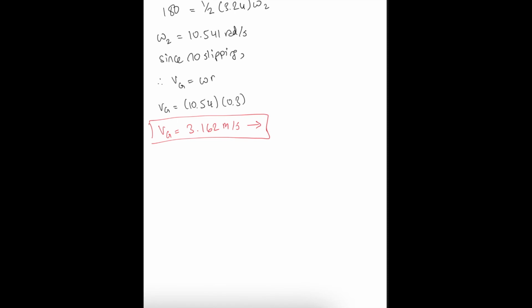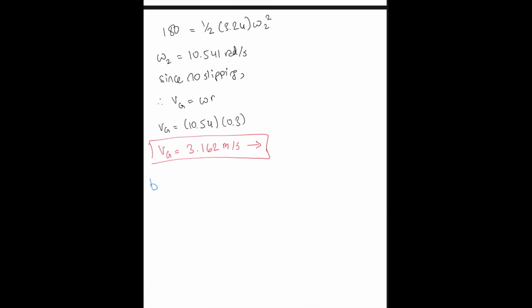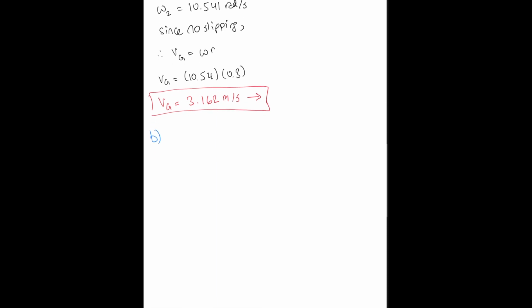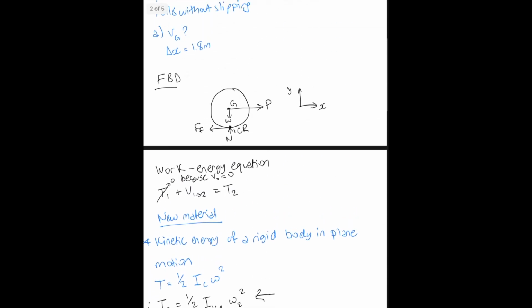So now that we're done with part A, we can start looking at part B, which is asking for the friction force to prevent slipping. Now, if we take a look at our free body diagram again, if we use our kinetic equations to find the sum of forces in x and our kinematic equations, we can simply find our frictional force.